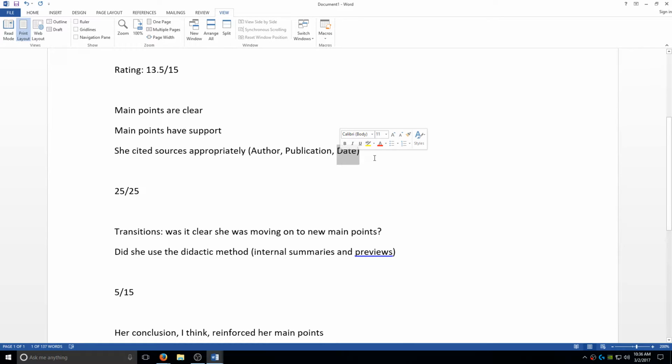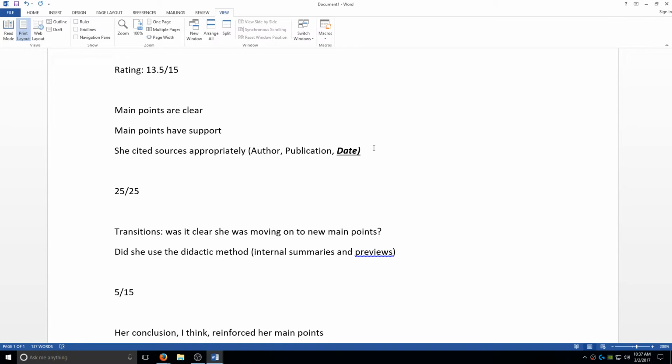Now, I wouldn't take off points for one mistake, especially when the rest of her citations were pretty good, because I'm not that persnickety. But if you don't have the date, and this is a pretty common mistake, I'm going to go ahead and underline and bold that and italicize it. Sometimes students will forget dates for their sources throughout their presentation.